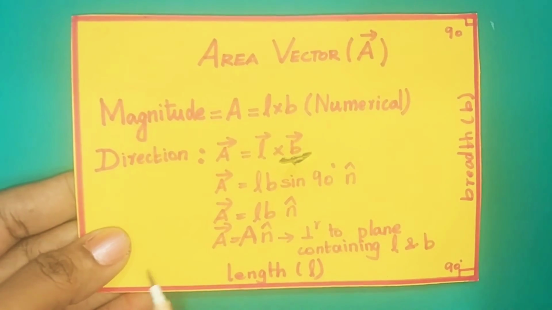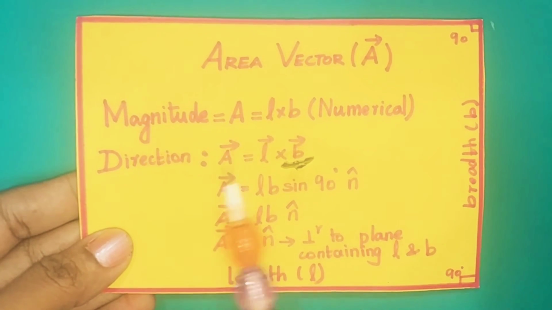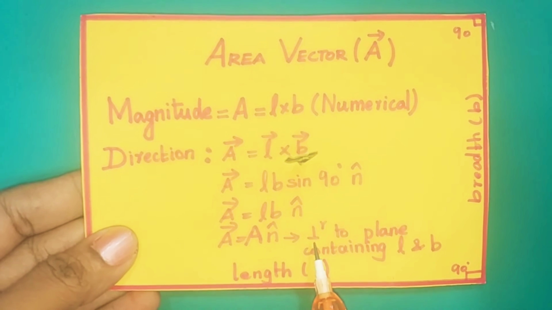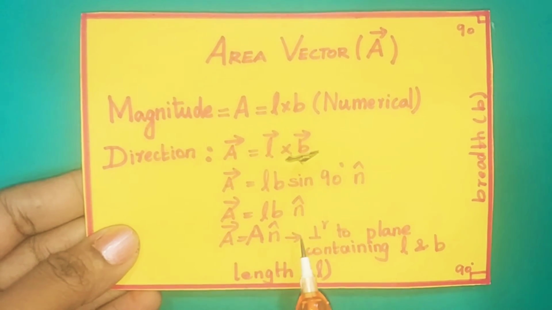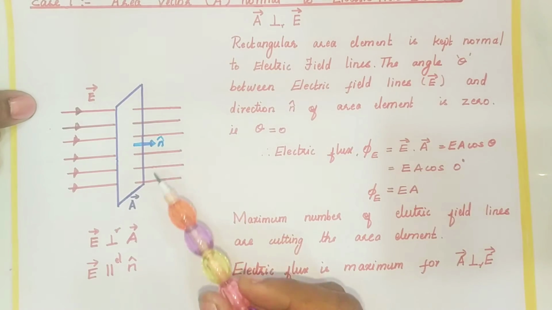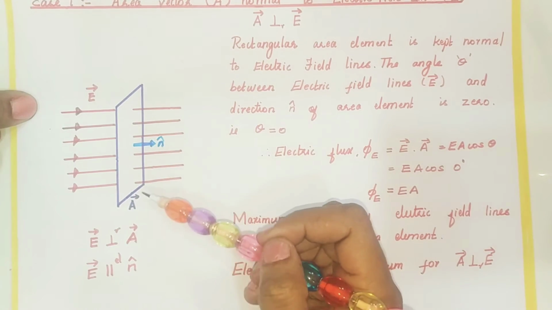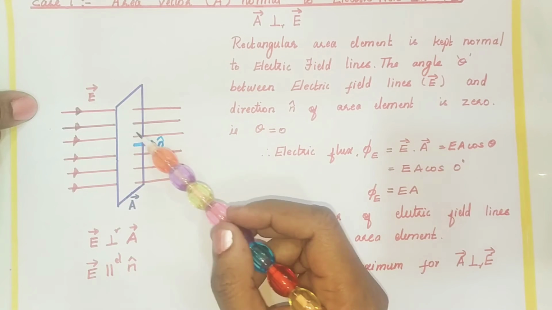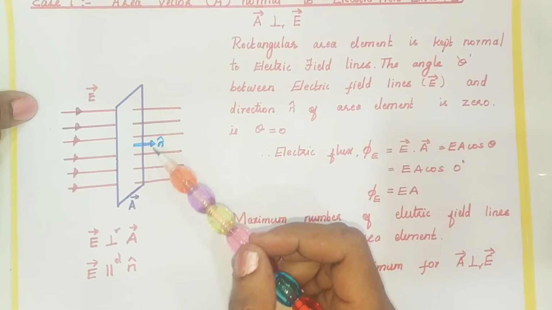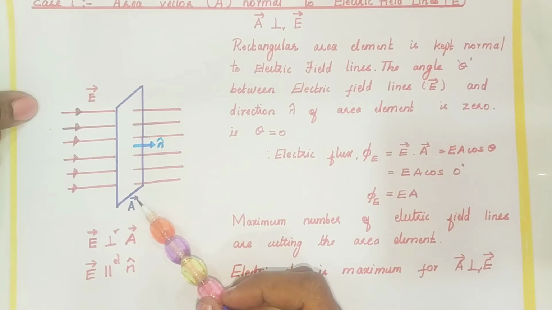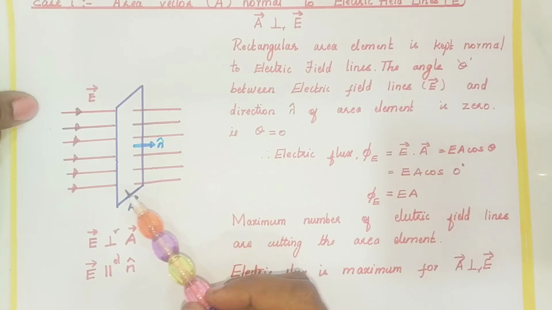In this topic, I am going to place this rectangular area element in uniform electric field in different positions, and I am going to see how the electric flux value changes. For case 1, I am going to place this rectangular area element perpendicular to the electric field lines. That is, the electric field and the area element are perpendicular to each other.